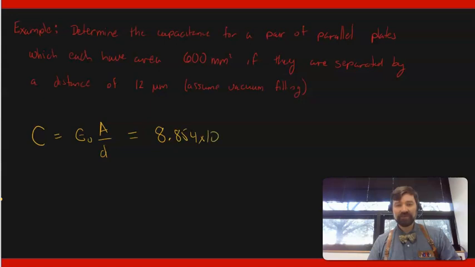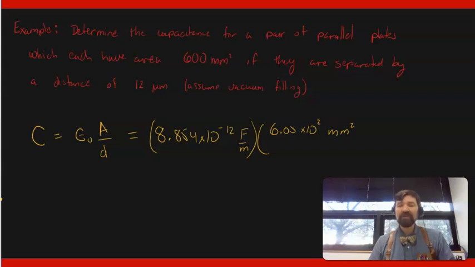8.854 times 10 to the minus 12 farads per meter times an area of 6 times 10 to the 2 millimeters squared, except that you need to convert the millimeters squared to meters squared. So 1,000 millimeters per meter by another 1,000 millimeters per meter.